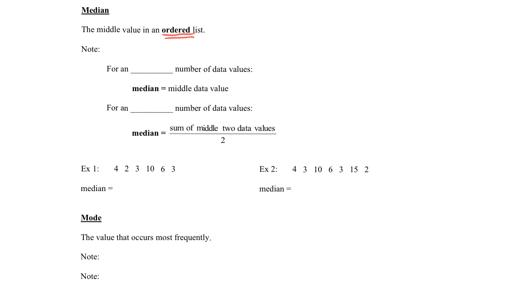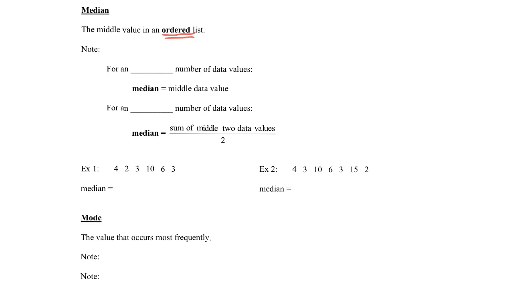When students find the median, the number one mistake is to not put the numbers in order first. Just put them in order from smallest to largest. And of course, you could put from largest to smallest, but we're going to want smallest to largest because it plays into quartiles, which we'll be talking about later. So when finding the median, put the numbers in order from smallest to largest.